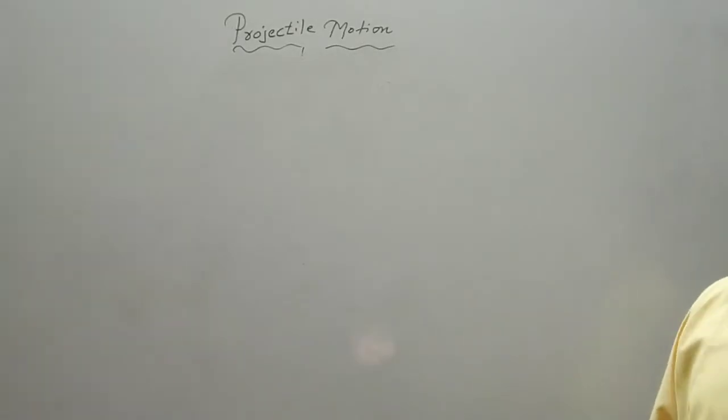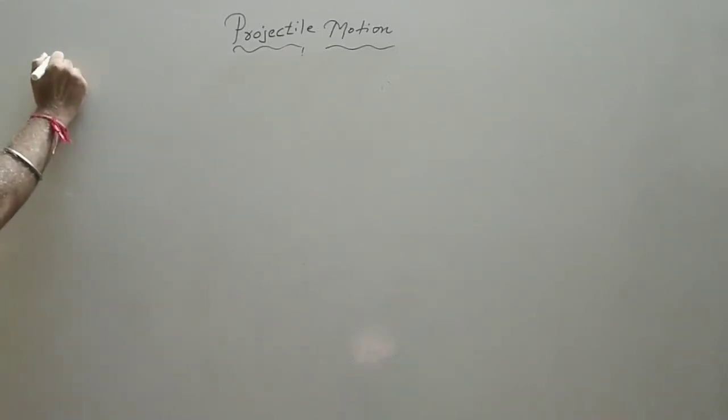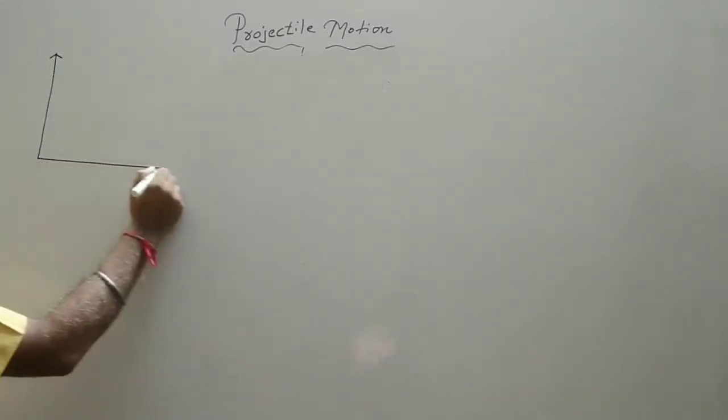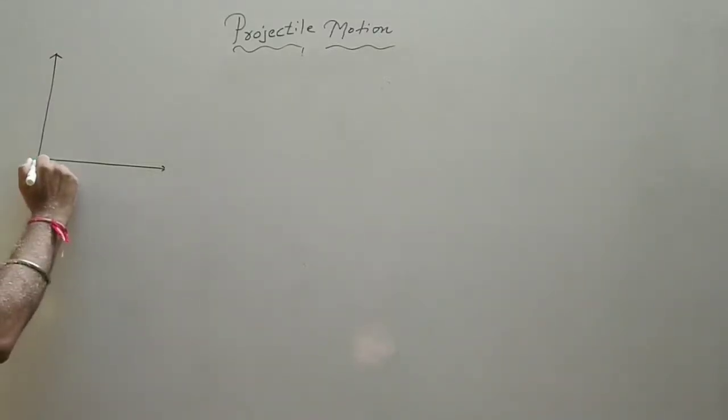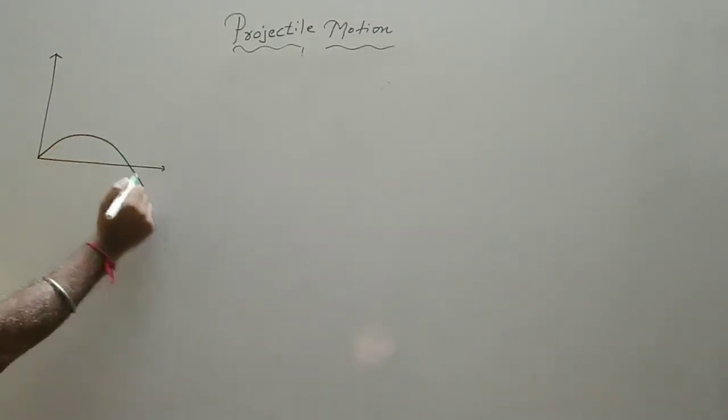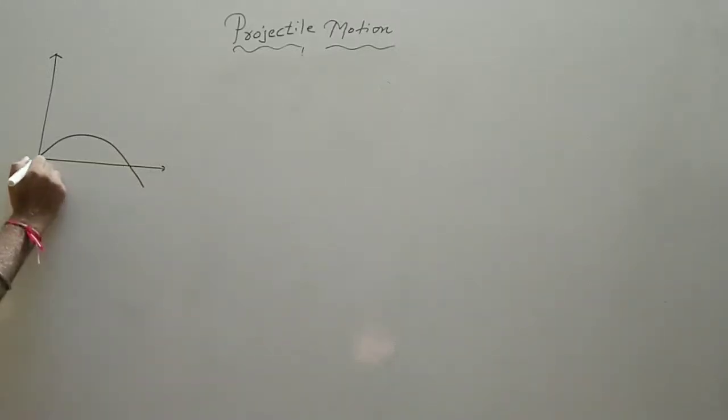Let us analyze the projectile motion. Suppose a body is projected from the origin of a Cartesian coordinate system and it will follow a parabolic path. This is a body which is projected making an angle theta.